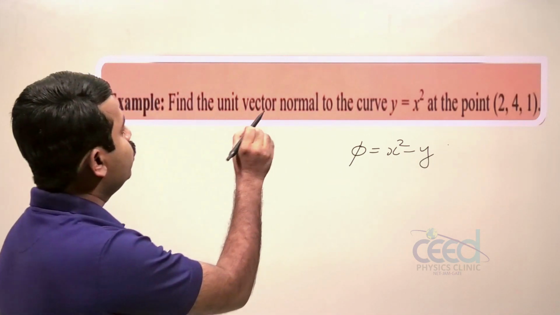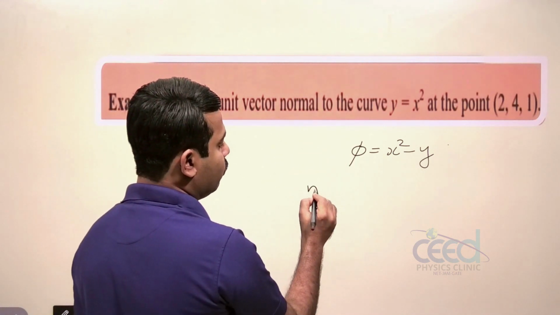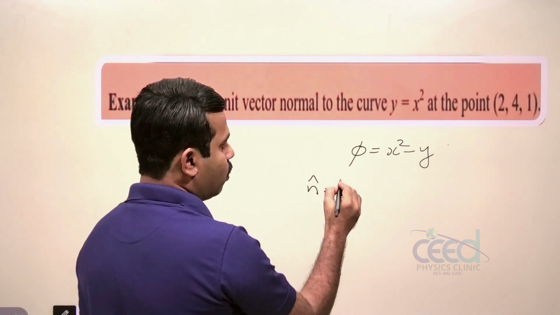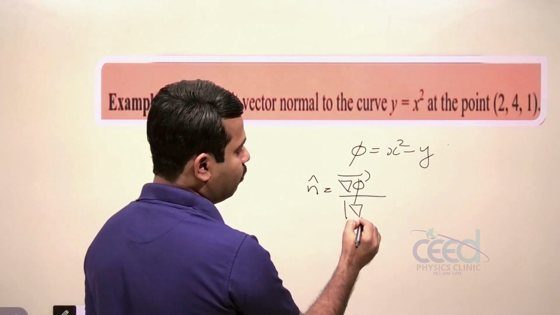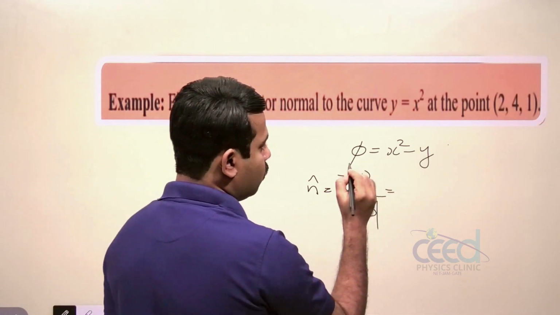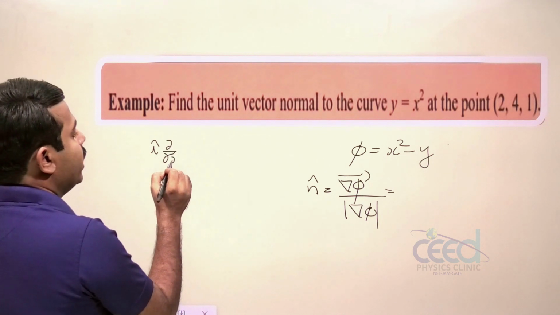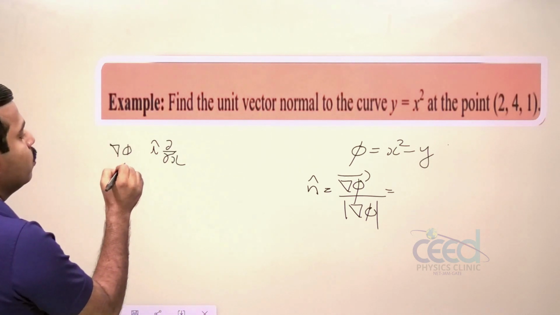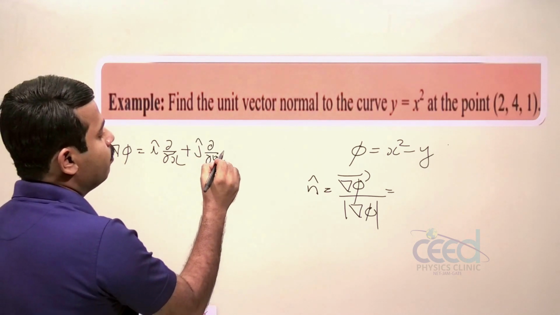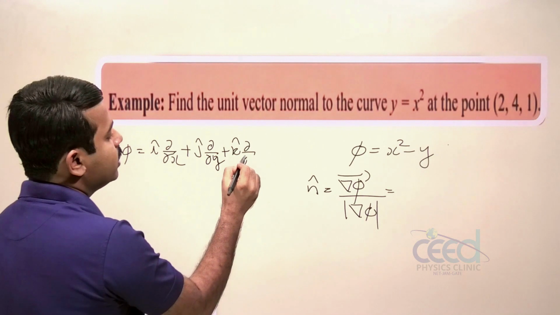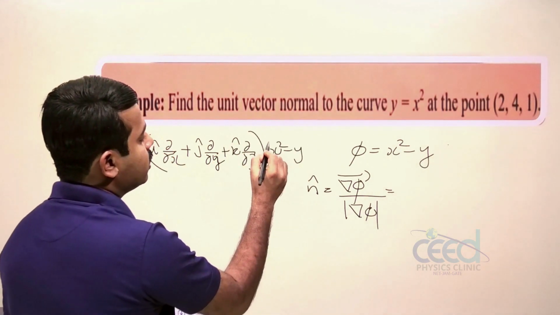We want to find a unit vector normal to the curve. The direction of the normal vector is gradient phi, and the unit vector is that divided by its modulus. Gradient phi is equal to I cap dou by dou x plus j cap dou by dou y plus k cap dou by dou z acting on x square minus y.